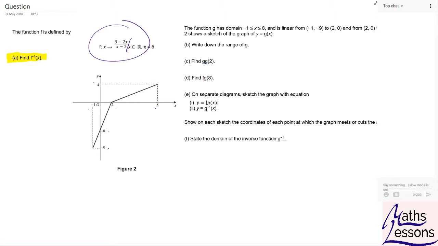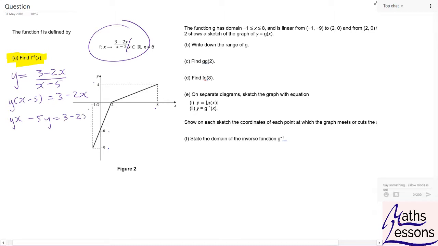The first part of the question is over here, to find f minus 1 of x. So what we do is we let y equal f of x and then rearrange to make x the subject, which I'm sure you all remember. So we can do this by multiplying both sides by x minus 5. So we get y times (x minus 5) equals 3 minus 2x. Multiply out the brackets: yx minus 5y equals 3 minus 2x. Get all the x's on one side, all the y's on the other side.